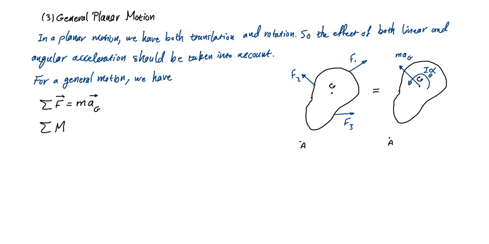And I'm assuming in this case that the rotation is happening around point A. The whole rigid body is rotating around point A. In this case, the summation of all the moments applied to the rigid body about point A can be written as the mass moment of inertia around the center of gravity multiplied by angular acceleration, plus the mass of the rigid body multiplied by the acceleration of the center of gravity times d.